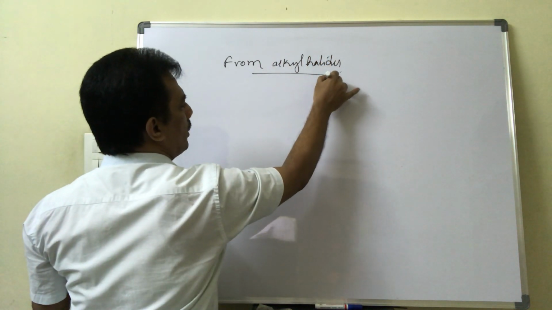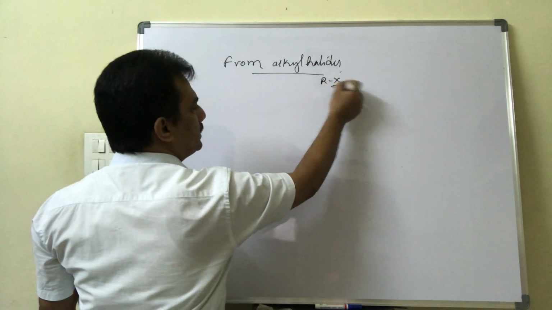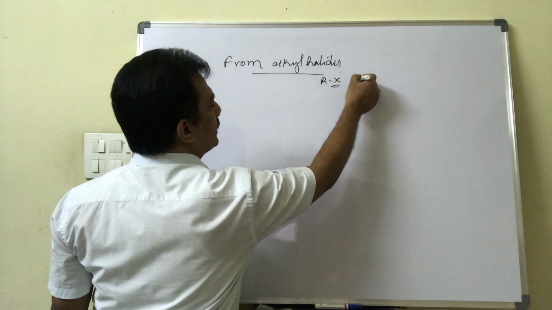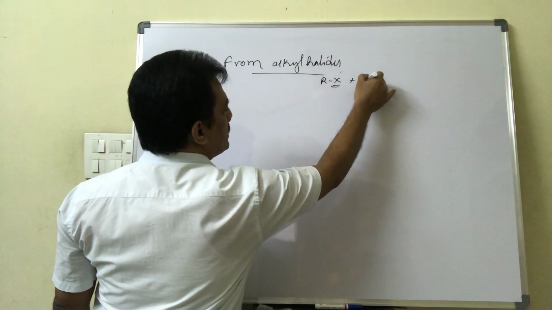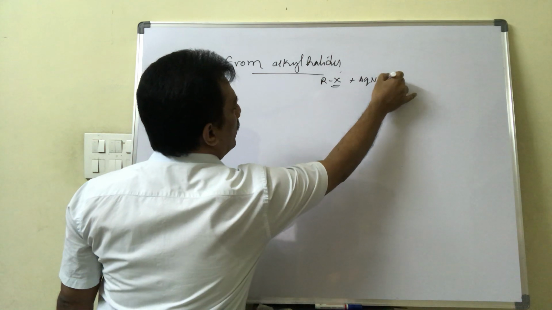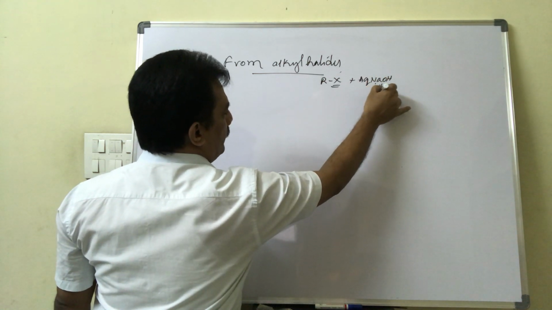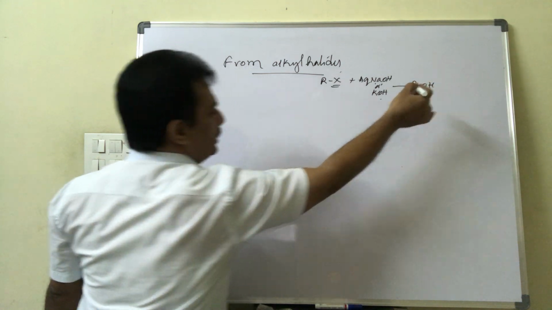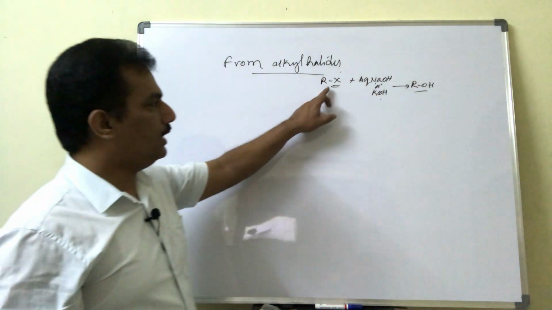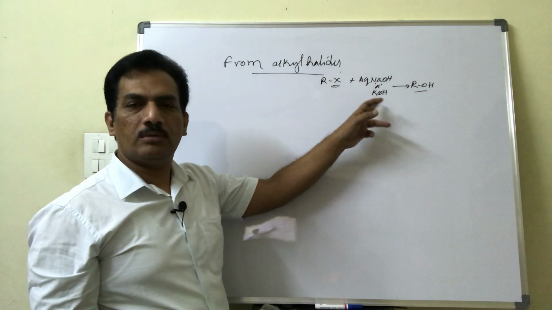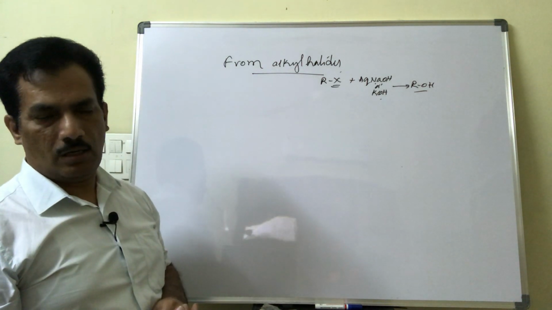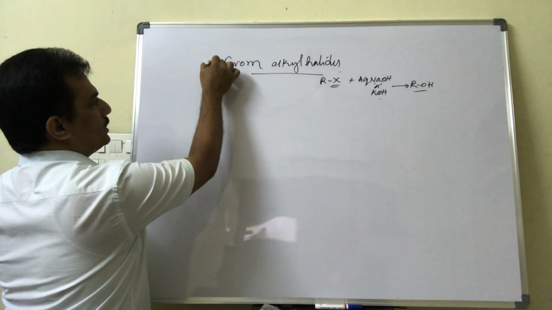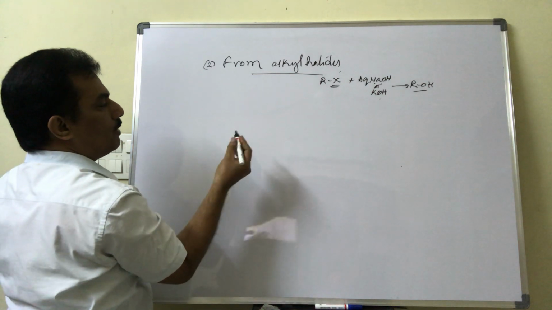Alkyl halides are RX, where X is a leaving group, and when this RX is treated with aqueous NaOH or KOH, they form alcohol. That was the property of alkyl halides previously, and now it is one of the methods to prepare alcohol. So in alcohol preparation from alkyl halide, it is the second method.